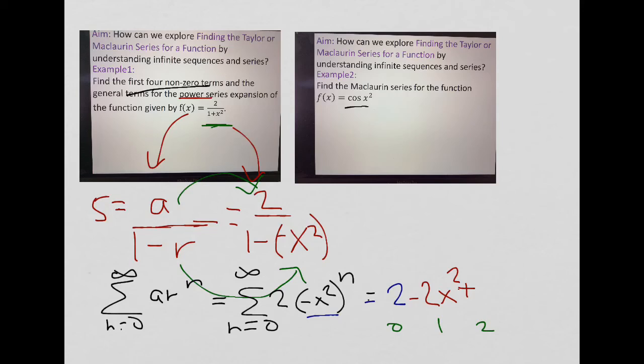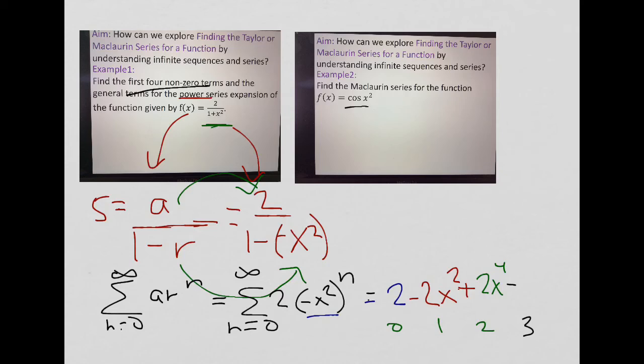So I plug in 2, and that's going to leave me with a positive answer, a positive 2x to the 4th. Makes sense. Now let's plug in 3. I finally got there. And then I'm going to stop, because this is for the first 4 non-zero terms and the general term. Don't worry, we'll get there. So we plug in 3, and this is going to leave me with the negative answer, as I thought.